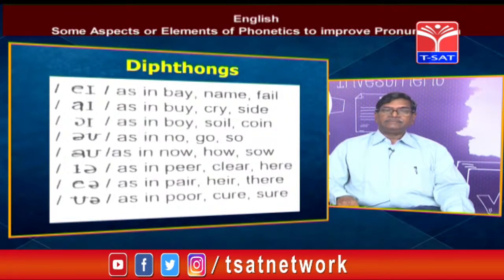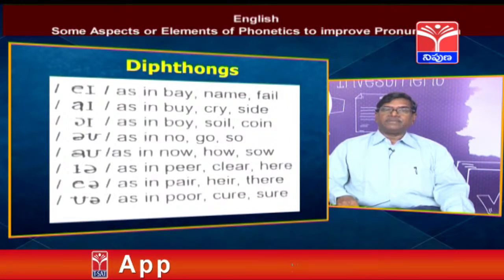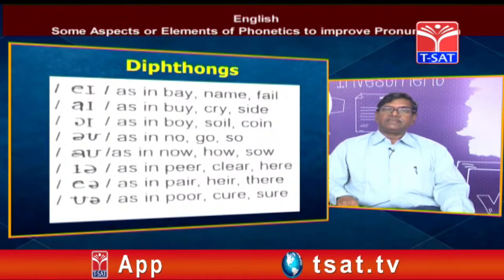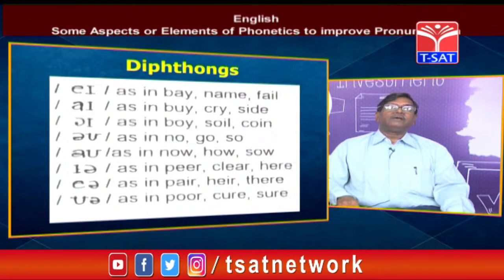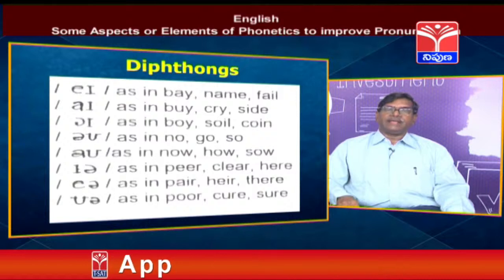Same with buy, B-U-Y, buy, cry, sight. In these words we have that I sound, the symbol of which you can see there between the two slanted lines. It starts with A and ends with E.